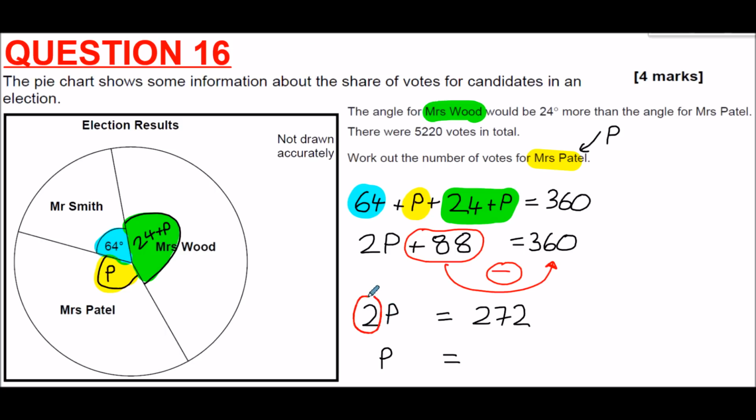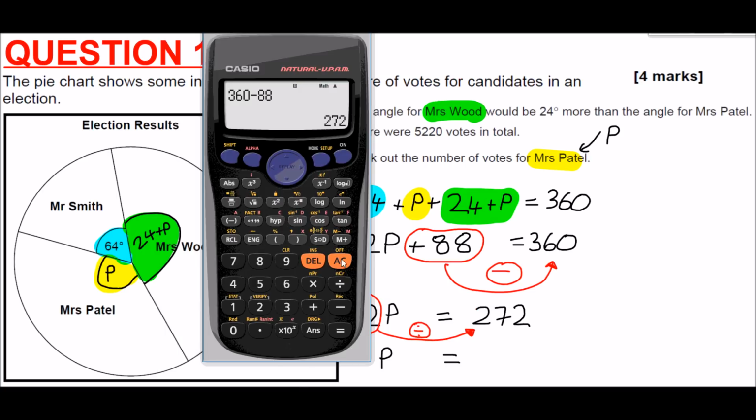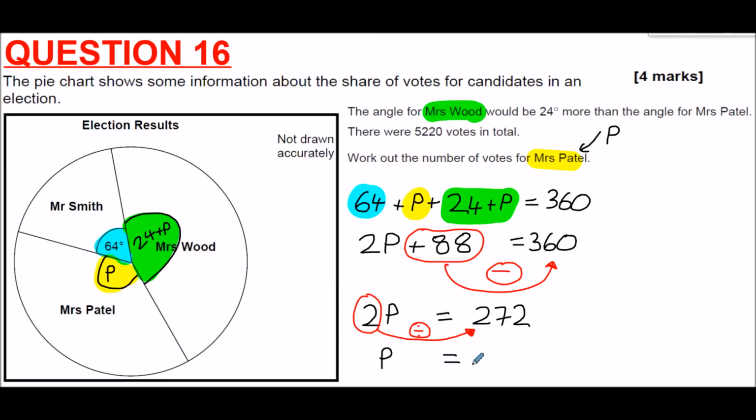That 2 is multiplying the P. So in terms of thinking of it as swapping side and swapping sign, opposite of multiplying is dividing. So the angle for Mrs. Patel will be 272 divided by 2, which will be 136 degrees. So the angle for Mrs. Patel is 136 degrees.